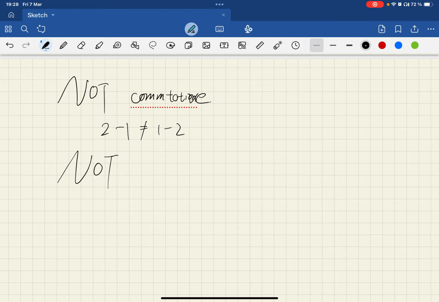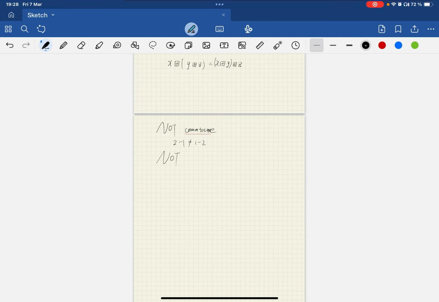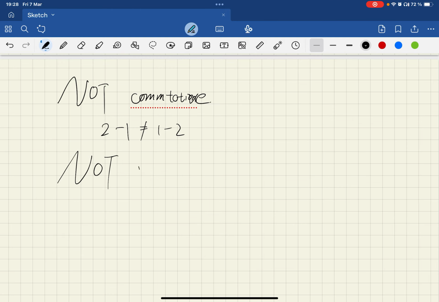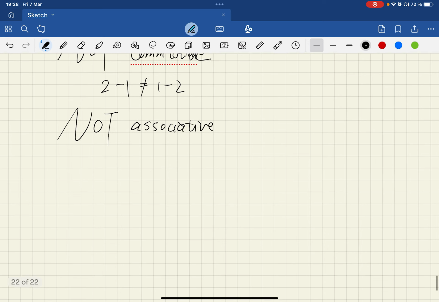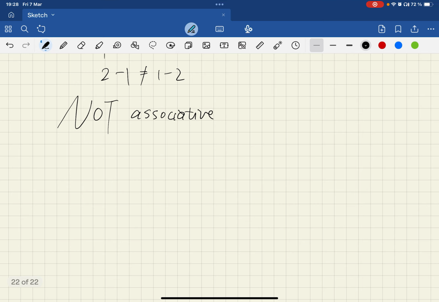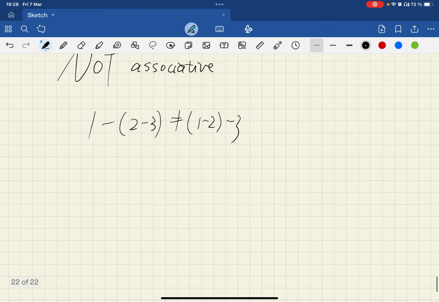And any binary operation which is not associative, which is also subtraction, and division if you want to try it at home.